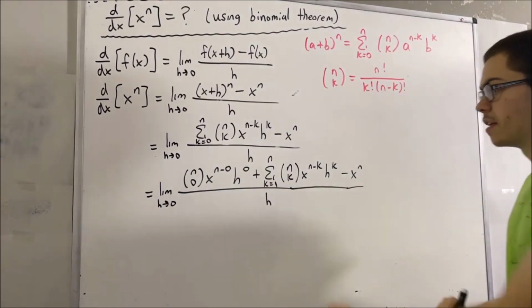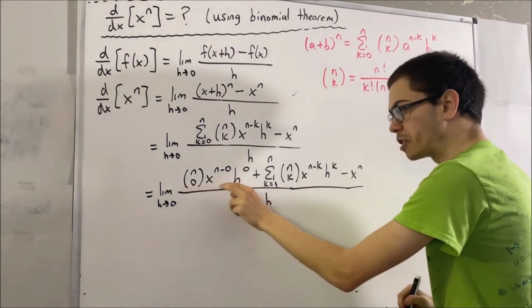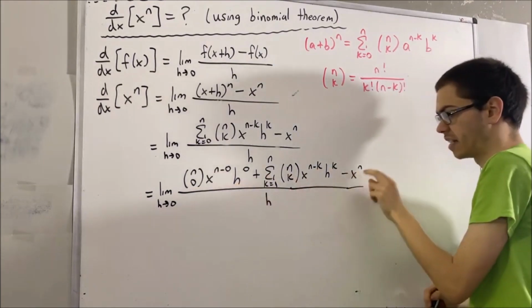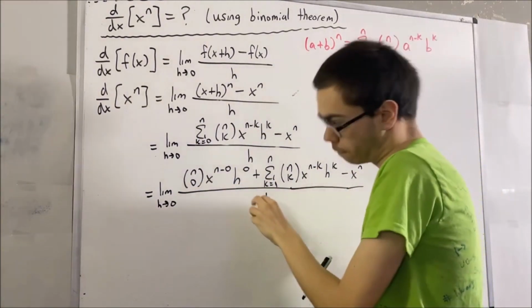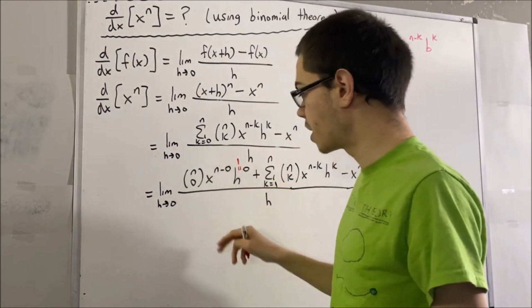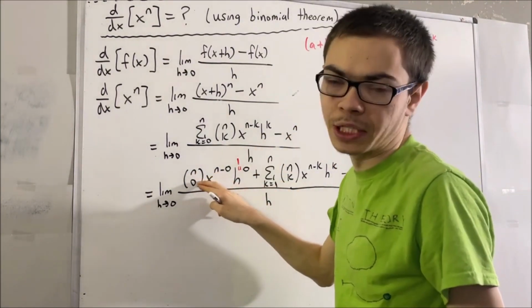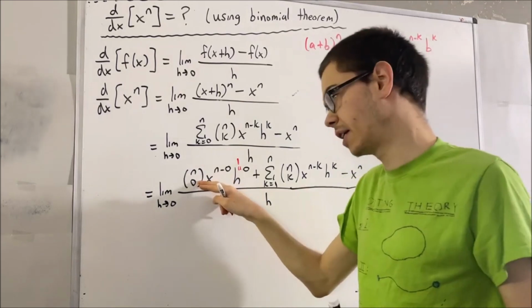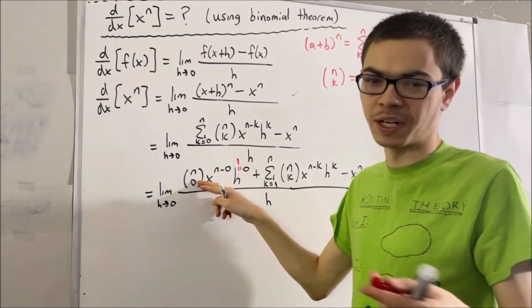Now, notice, as I said before, this first term is precisely x to the n. And to see why, of course, h to the power of 0 is just 1. But it turns out n choose 0 is also 1. Technically, it's n choose 0, if you want to say it correctly.